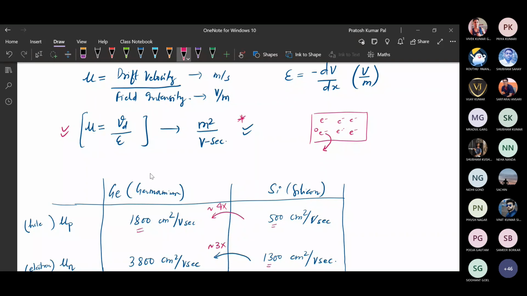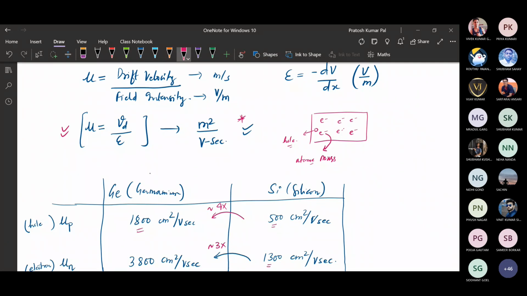Okay, so in case of movement, this movement will also depend on their atomic mass. Holes consist of positive charge.